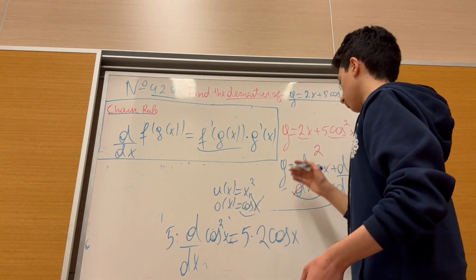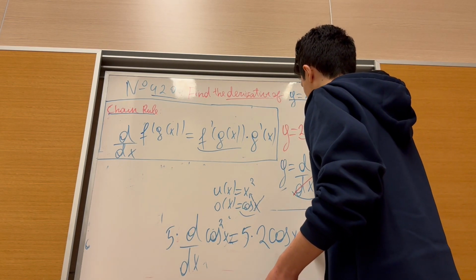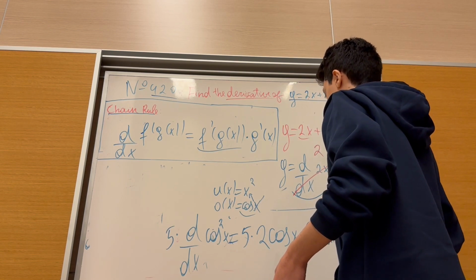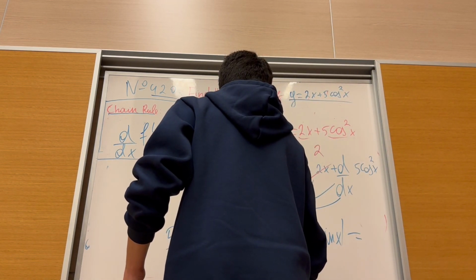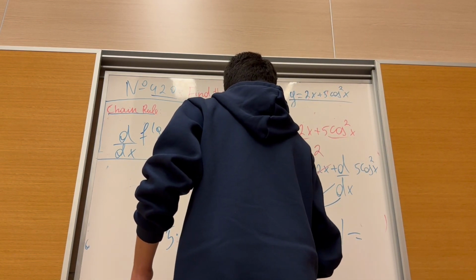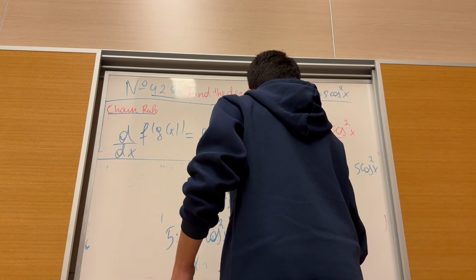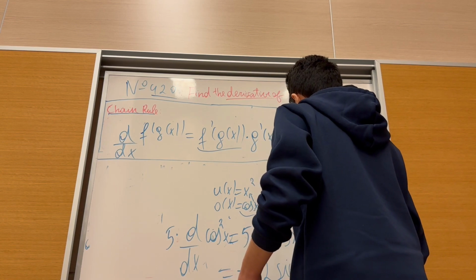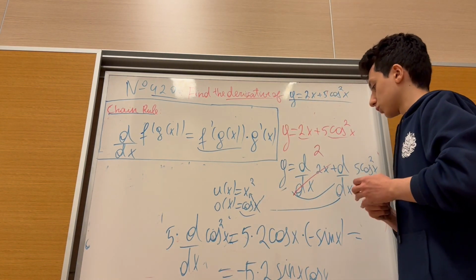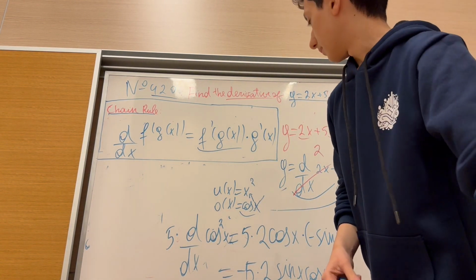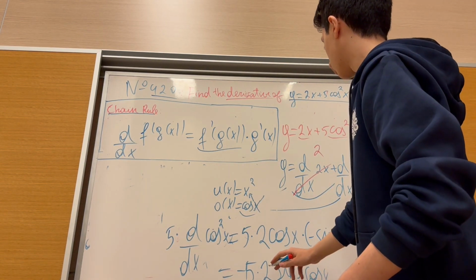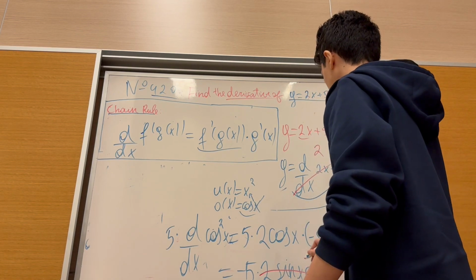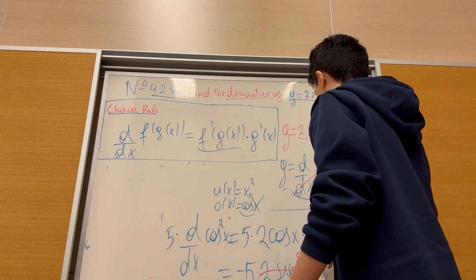The derivative of cosine x is minus sine x, and it will be equal to minus 5 multiplied by 2 sine x cosine x. Now, as you know from school mathematics, 2 sine x cosine x is equal to sine 2x. Excellent.